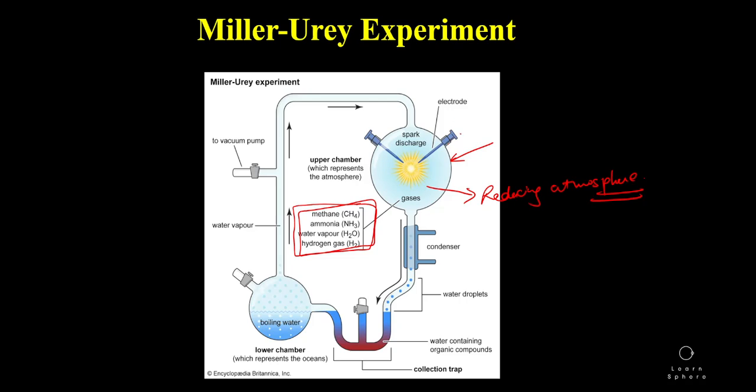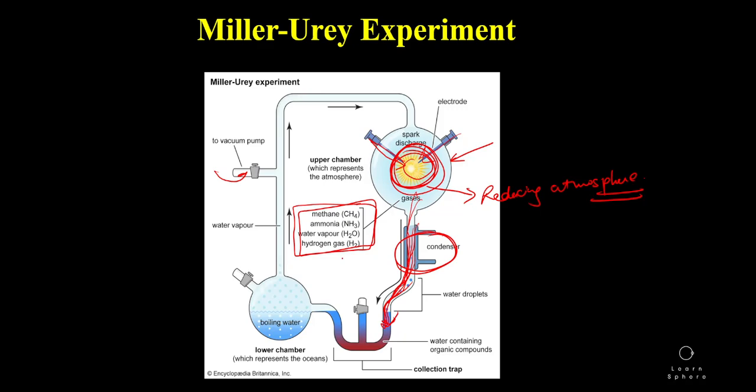Also, they provided electric sparks to this flask. Then a vacuum pump was also connected, and through this hot vapors were moving, and this condenser made these water molecules cooler, providing low temperature.